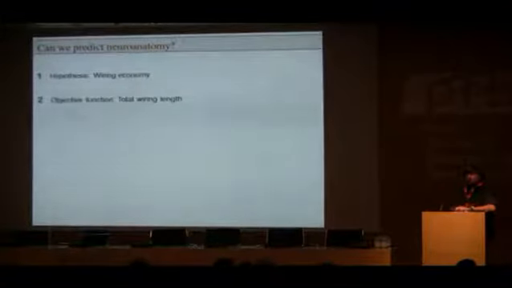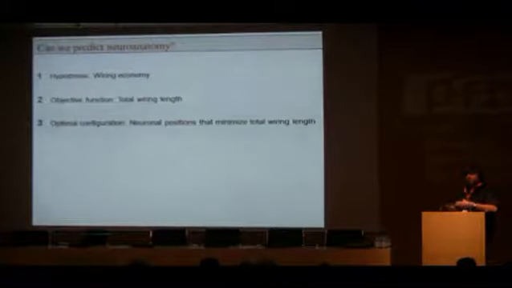So for the next few slides, I'm going to make the hypothesis that an objective function for the nervous system is to have a total minimum amount of wire. And then I will obtain for a very simple model the optimal configuration, that is where you should locate the neurons in a system to have minimum wire. And I will compare those optimal positions to the real ones.